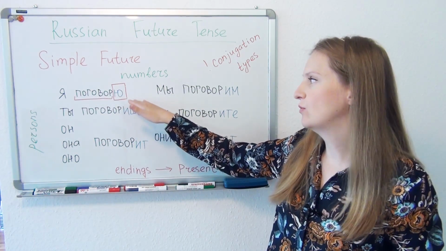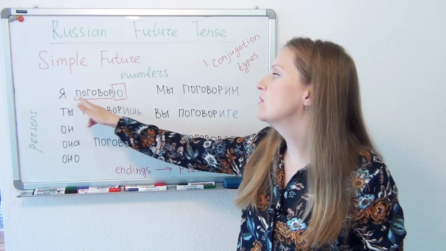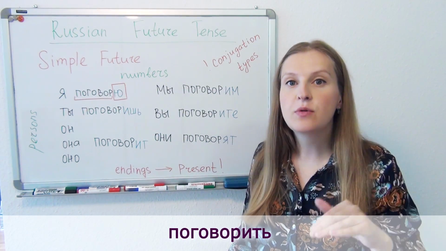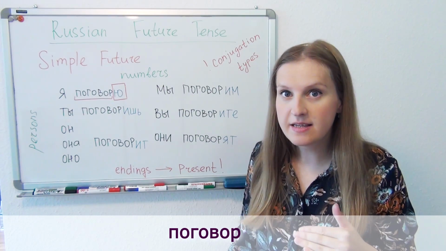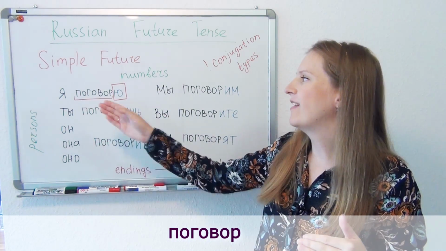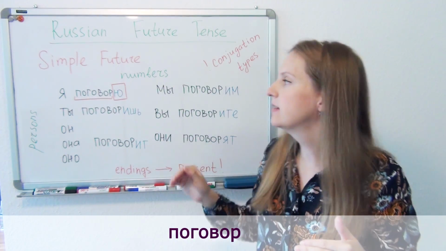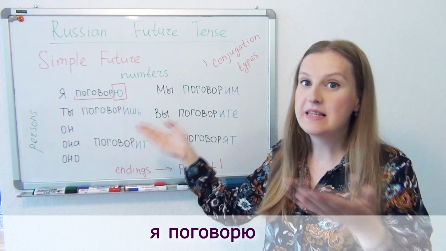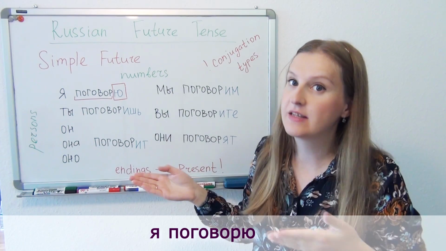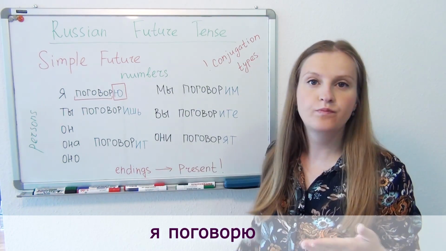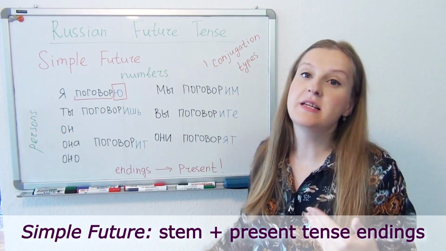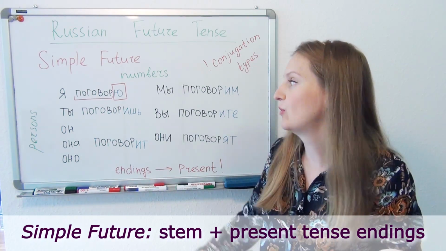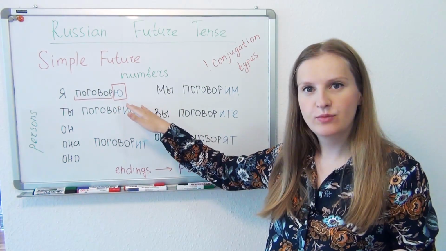As you can see, we use the stem of the verb, that is, we take the verb and remove the ending, ить in this case. Поговорить, we remove it and add the ending of present, in this case future for perfective verbs, ю. Stem plus present tense endings. That's the general rule. Я поговорю.